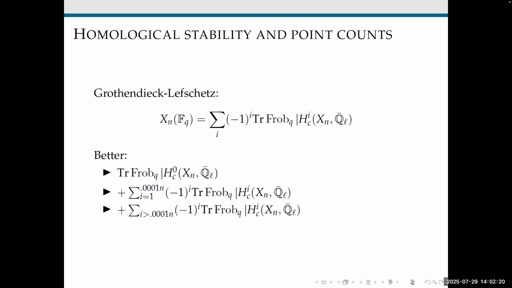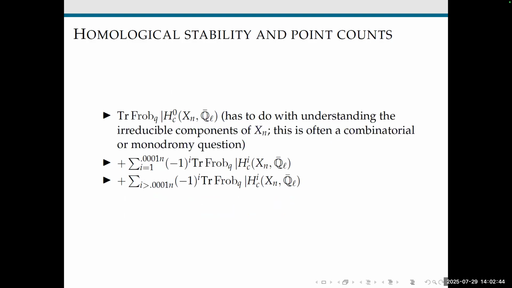There's the small to regular sized i's in the middle, and then there's i equals 0, which is kind of its own. That's a very small i. And each one of those things, if we want to analyze it, has its own flavor. So let's talk about how we think of each of those 3 things. And if we can understand all 3, then we can understand the cardinality of the set of points over F_q on this variety.